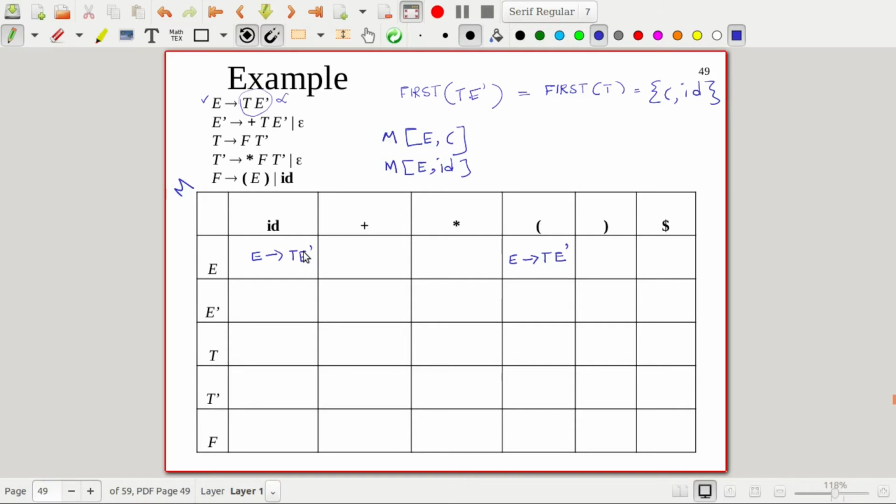Then, there is no epsilon within the first of TE dash.